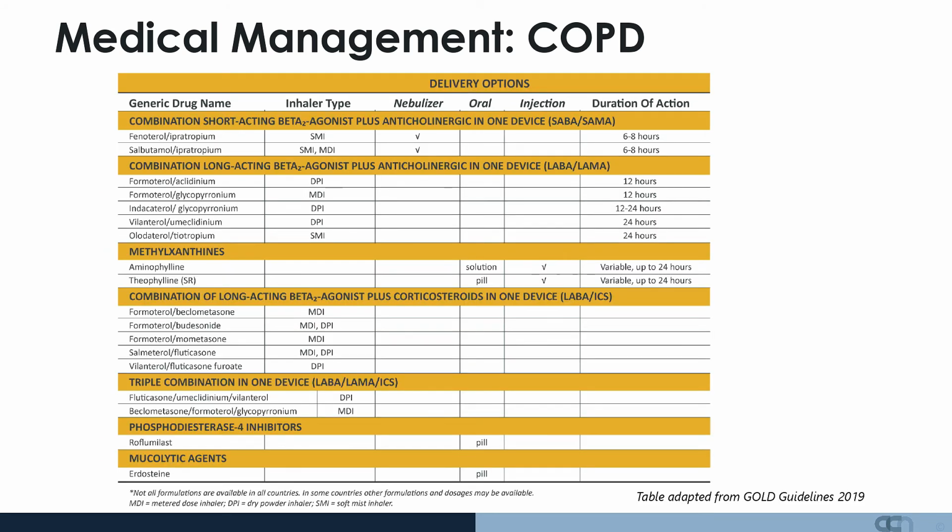There are combinations of SABAs and SAMAs. This would include, for example, a salbutamol and ipratropium combination, and there are combinations of long-acting beta agonists and anticholinergics, such as formoterol and aclidinium. Other agents available to manage COPD include methylxanthines, such as aminophylline or theophylline, as well as phosphodiesterase 4 inhibitors and mucolytic agents such as carbocysteine.